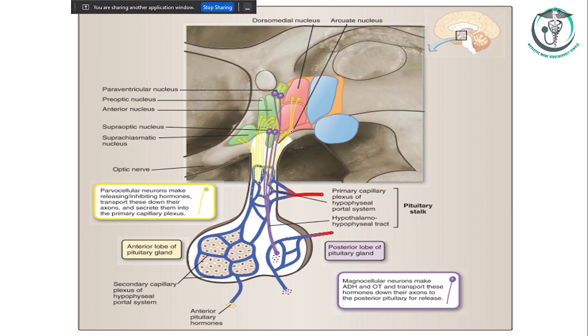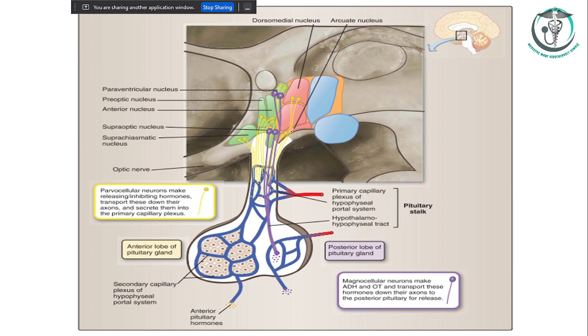Remember that each neuron has a soma body. Now, when those soma bodies are together and found within the central nervous system, we call them a nuclei or a nucleus. But the very same aggregation, when seen outside the central nervous system, is what we call a ganglion. Those ganglions you've been mentioning in your anatomy are also a cluster of soma bodies, but outside the central nervous system. So we call them ganglion.